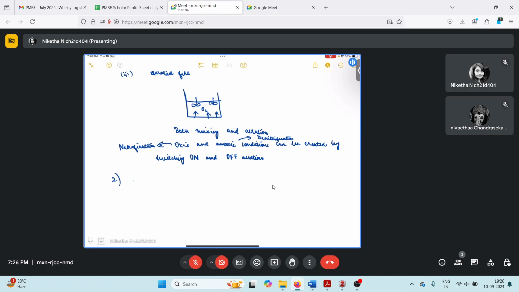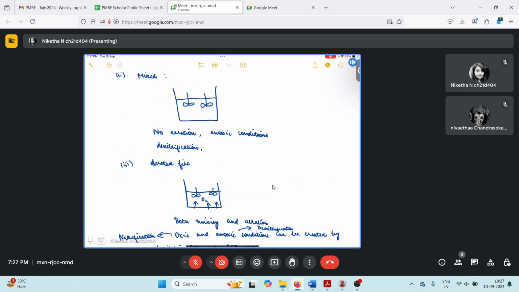So the next step is the react phase. In this one, there is no influent entry. The influent entry is completely stopped. Mixing and aeration will take place.